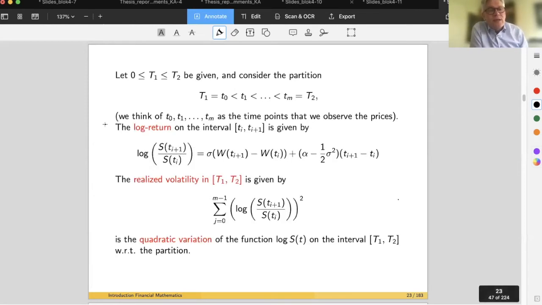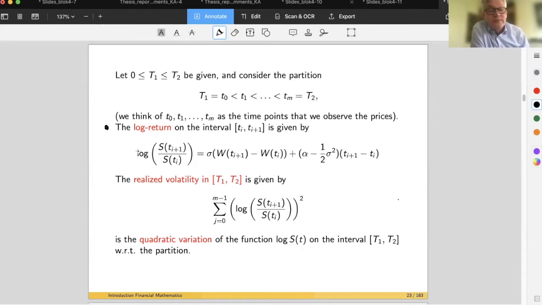With the help of these time points, we can say something about the volatility. And for that, we use a well-known concept in finance, so-called log returns. We look at the logarithm of the stock price at the new time point divided by the stock price at the old time point. This we call the log return. A return is something like new relative to old, so the new stock price relative to the old stock price. That can be seen as an approximation of a return, or a specific kind of return. And with a logarithm, we call it the log return.